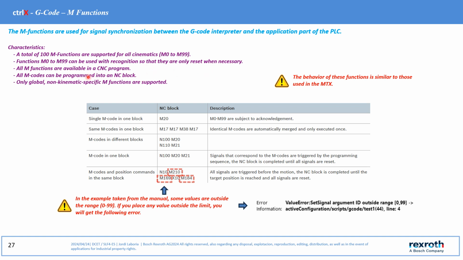All M functions are available in the CNC program. All codes can be programmed into an NC block. Only global, non-kinematic specific M functions are supported. The behavior is similar to the M functions used in MTX.